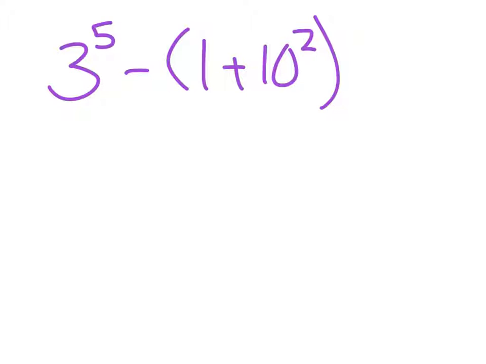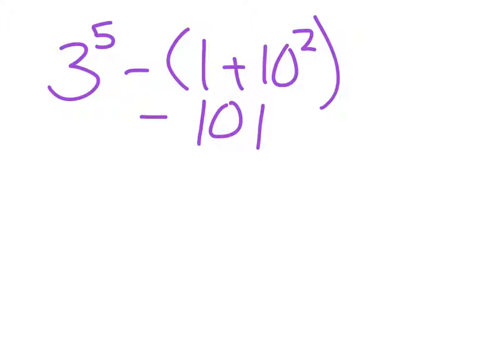Alright. Oh, parentheses now. Let's see, inside parentheses, I have to do the 10 squared first. That would be 100, and then I can add the 1 to it because I'm still inside the parentheses. 101. Something minus 101? Interesting. 3 to the 5th. Oh, goodness.